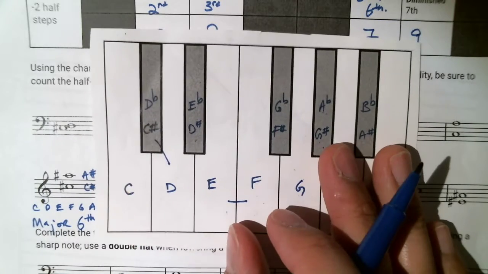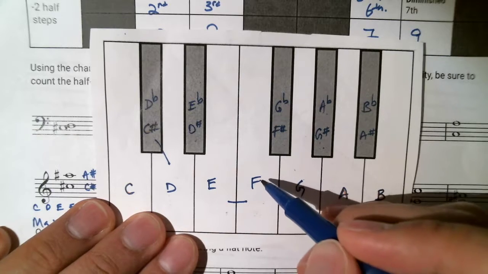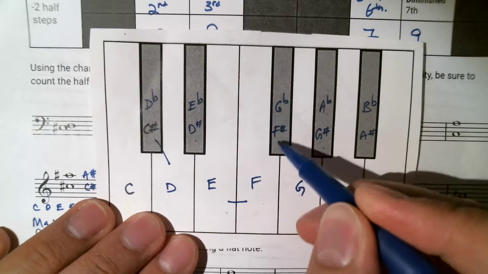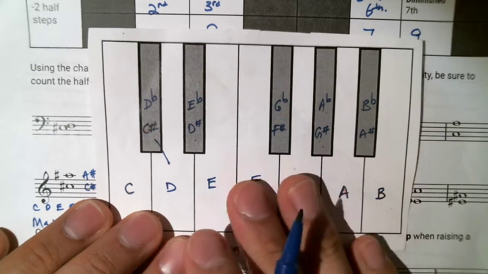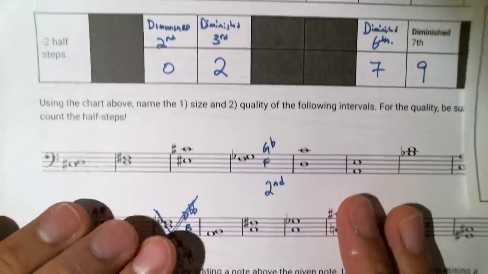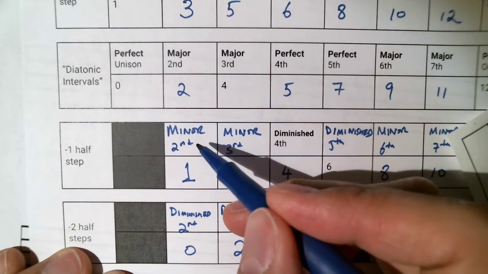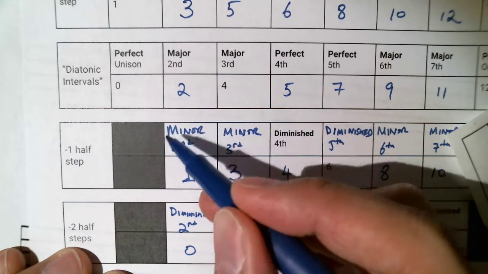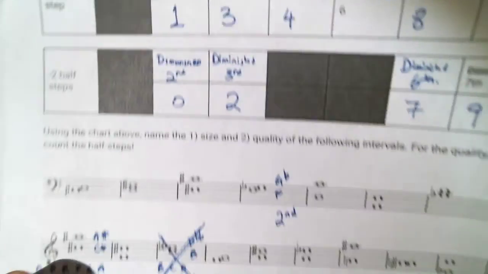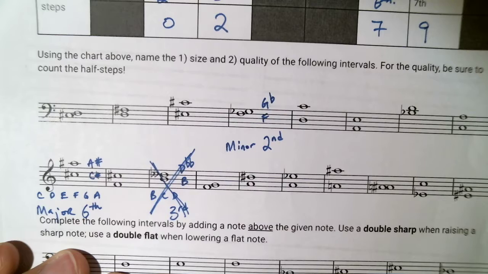If you take a look at the keyboard here, for this question you're always referring to the keyboard. From F to G flat, that's 1 half step. So this is a second that has 1 half step. From our chart, I know that a second that only has 1 half step is going to be a minor second. So the answer here is a minor second.